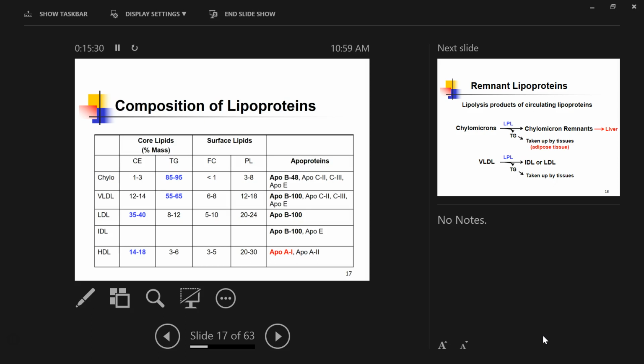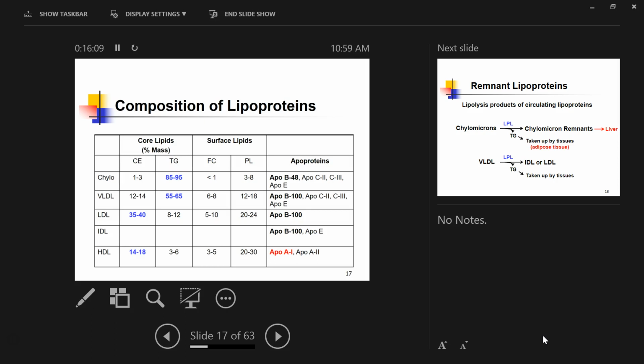Different types of lipoproteins contain different percentages of triglyceride or cholesterol esters. So since chylomicron and VLDL are triglyceride-rich lipoproteins, that means in the core of these two lipoproteins there's more triglyceride than cholesterol esters.